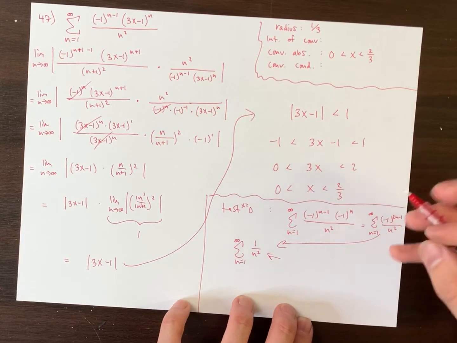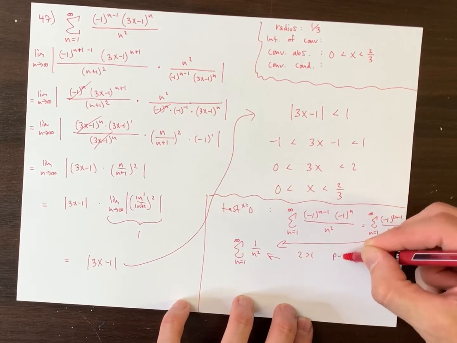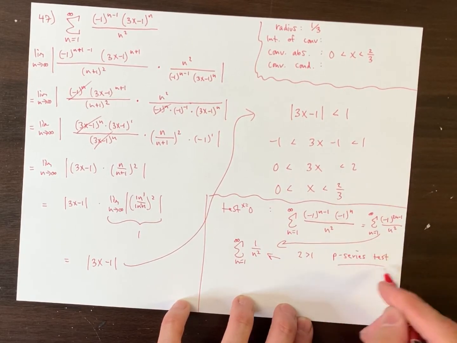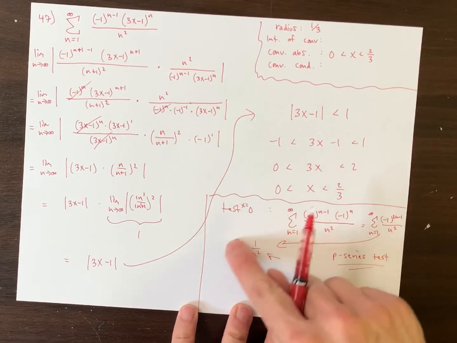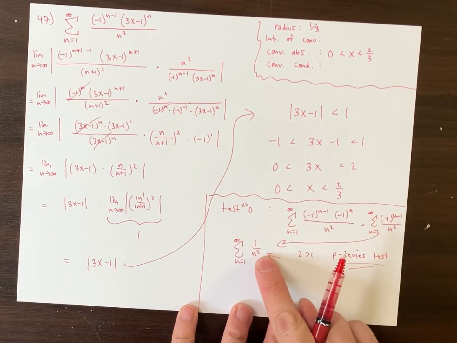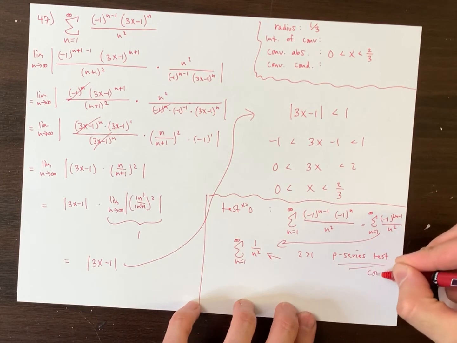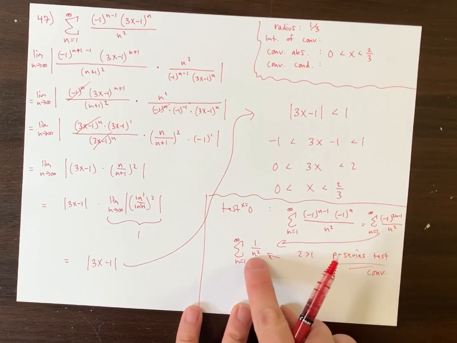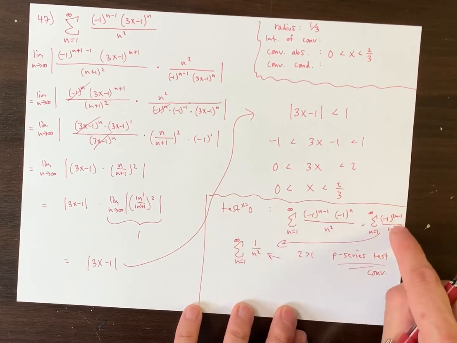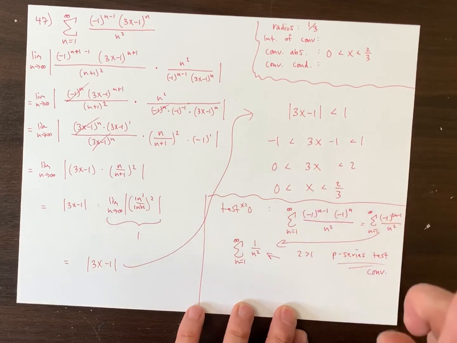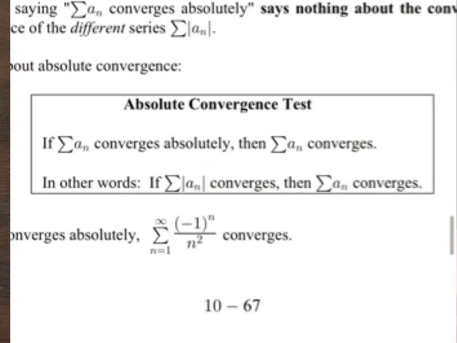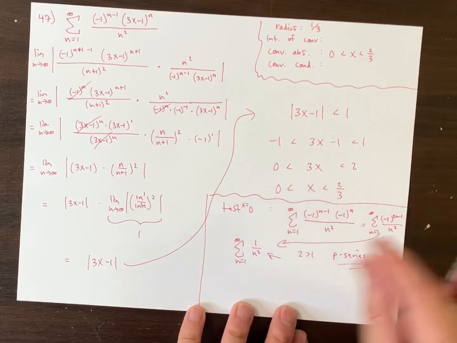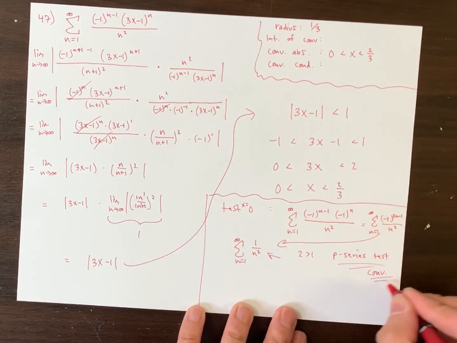And because 2 is greater than 1, by what we call the p-series test, I think that's something that you guys discussed in class, the p-series, where if you have a series that looks like this, if the exponent is bigger than 1, then by the p-series, it converges. So since the absolute version of that series converged by the p-series, then we say that the original converges. That's the condition. Remember that? If something converges absolutely, then the original one converges. So the conclusion of the matter is that when x equals 0, we have convergence.